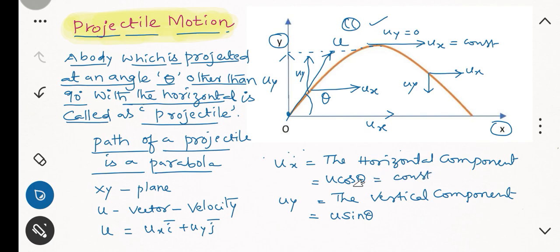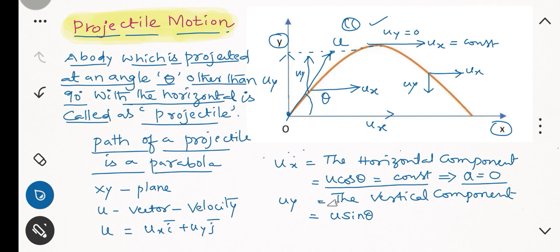As the velocity component remains constant along the x direction, we can say that along the x direction acceleration is equal to 0. That is, whenever the velocity remains constant, there will be no acceleration.